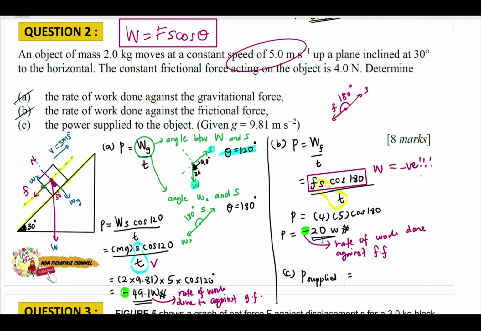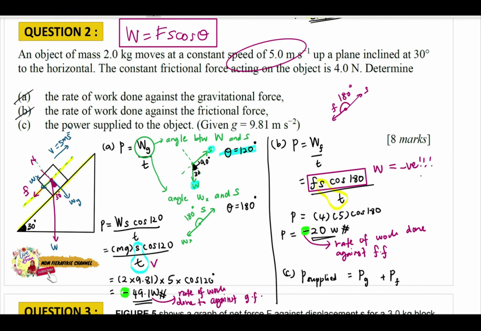Jadi power supplied to the object must be the power needed to against the gravitational force tadi, power G, plus power needed to against the frictional force.